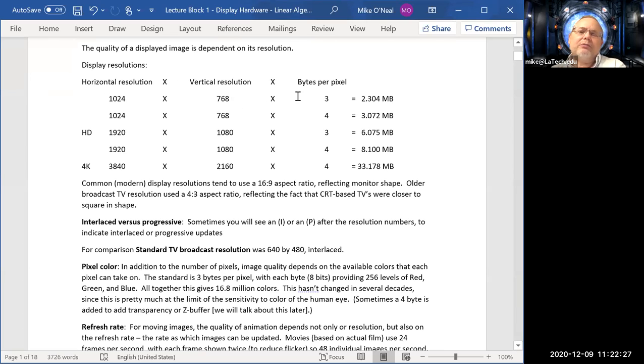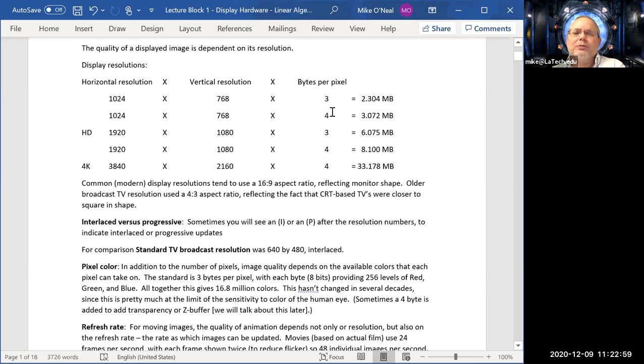It's interesting. We were talking about pixels. So if you've got a horizontal resolution of 1,024 dots, and you have 768 lines, where each line has 1,024 dots, okay? You multiply those numbers together times how much storage you're using per pixel, and that gives you how much memory it takes to hold an image.